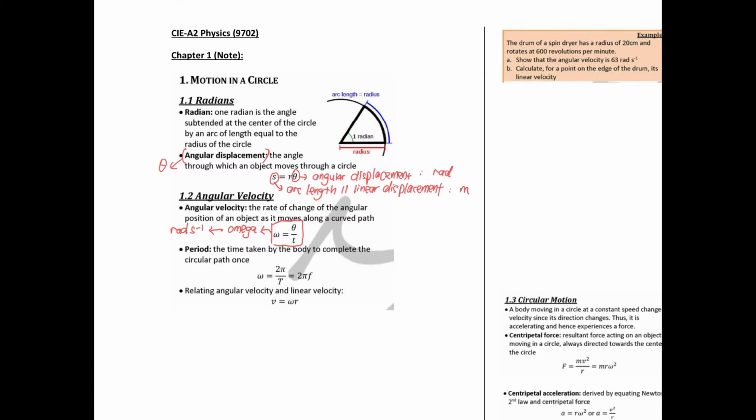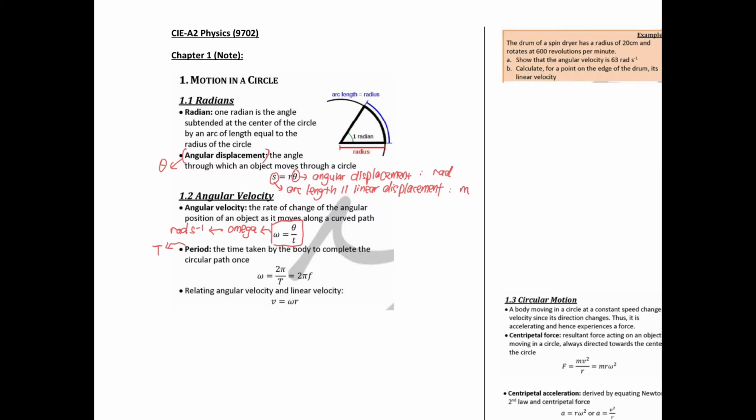The symbol for period is capital T. You can see the formula here, omega equal to theta over T, and they replace theta with 2 pi. 2 pi means one circle. Imagine an object is moving one circle. So the angle is hence 2 pi, and the T at the bottom is capital T. That is period.